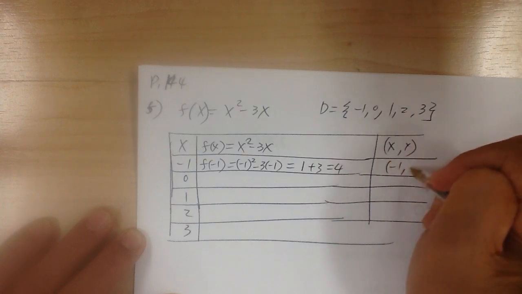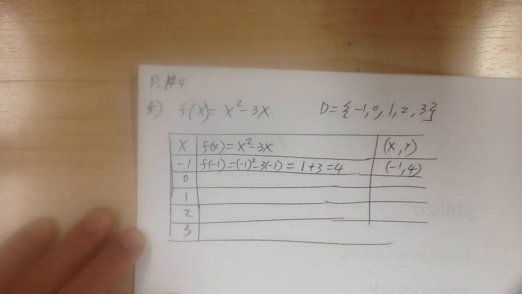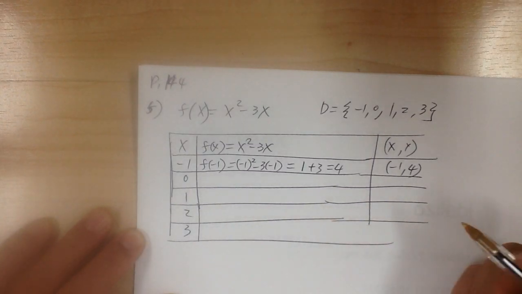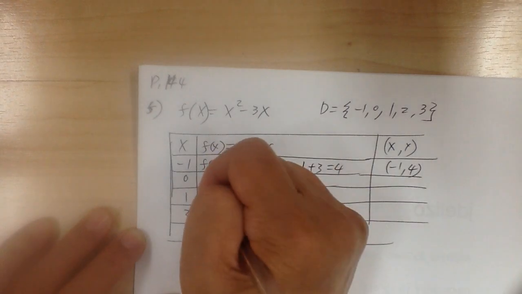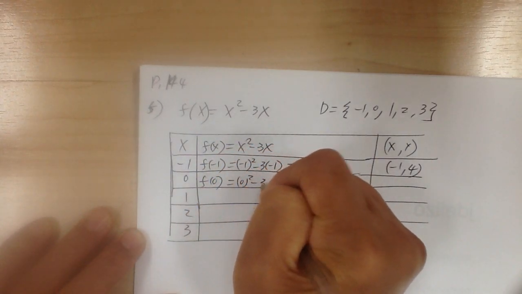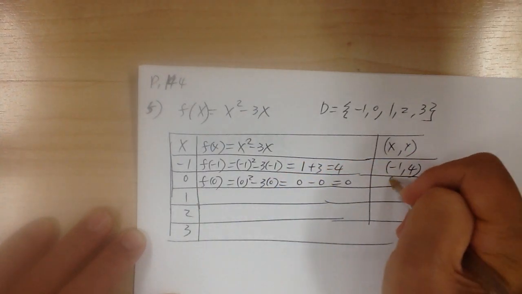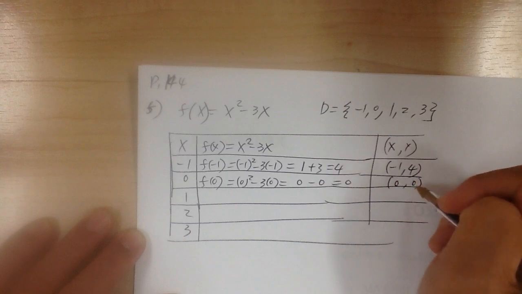So this would be negative 1 comma 4. And then after that, let's do f of 0. So you got 0 minus 0 equal to 0. So you're going to get 0 comma 0.